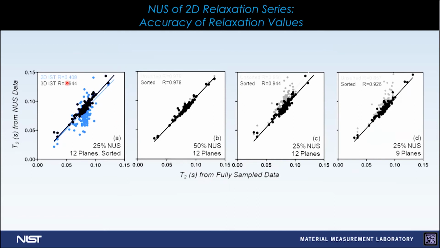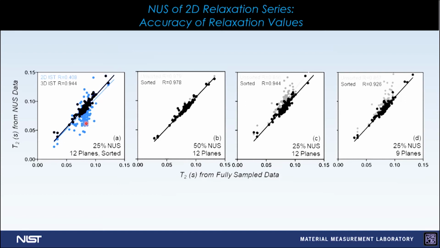So what we see in this left-hand side plot is a comparison of the relaxation values that we can extract from fully sampled data along the horizontal axis and non-uniformly sampled data along the vertical axis. And so in black here are results that come from our 3D reconstruction method. And in this case, they have a correlation coefficient of 0.94.